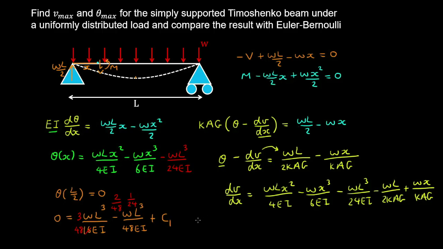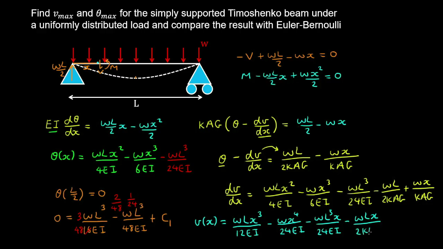And now we can integrate this equation to get an expression for the deflection. Start with WL by x cubed on 12 EI, minus Wx to the 4 on 24 EI, then minus WL cubed by x on 24 EI, then minus WLx on 2 kappa Ag, and then plus Wx squared on 2 kappa Ag, plus a constant of integration.